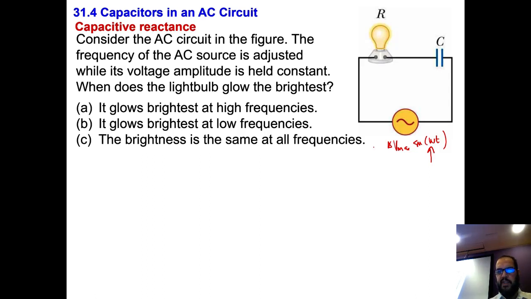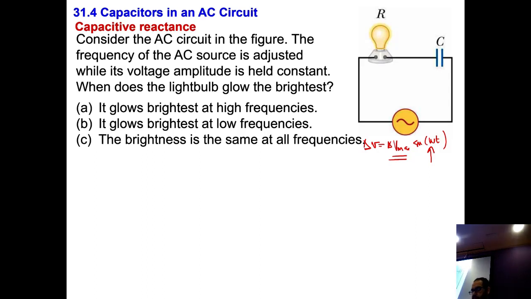We keep the amplitude constant and we change just the frequency. When does the light bulb glow the brightest? When is this glowing the brightest? Is it at high frequency or at low frequency, or is it independent of the frequency?